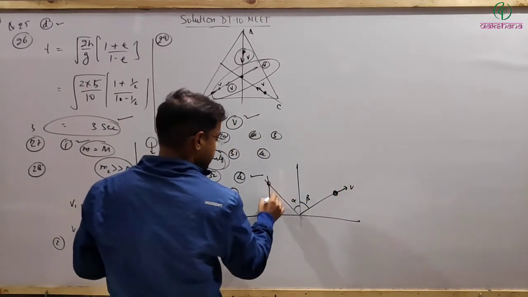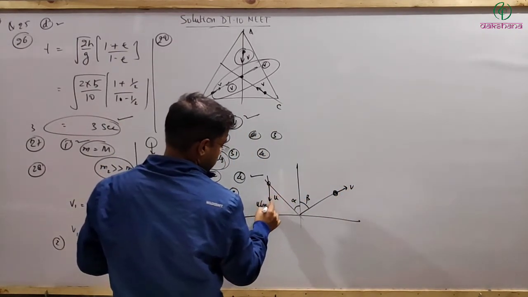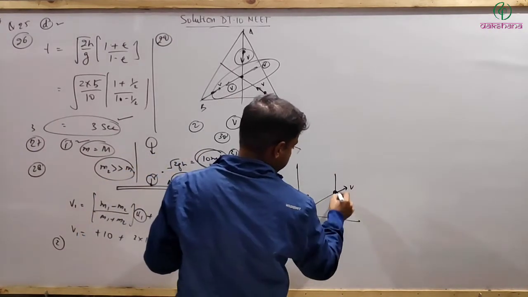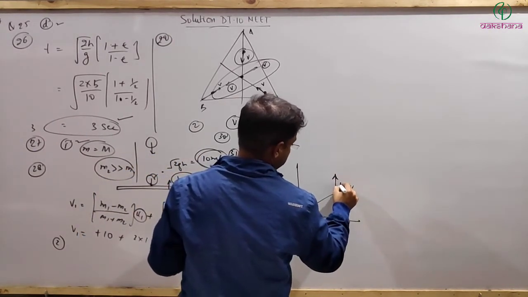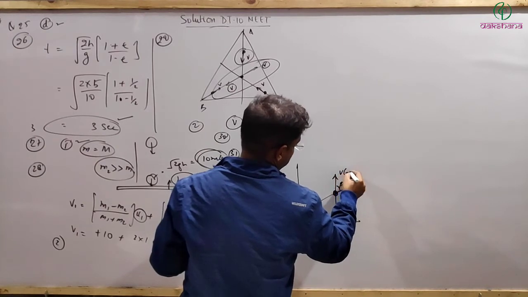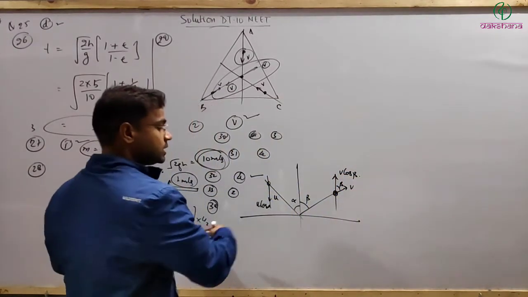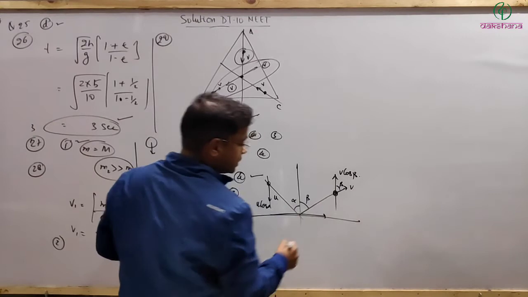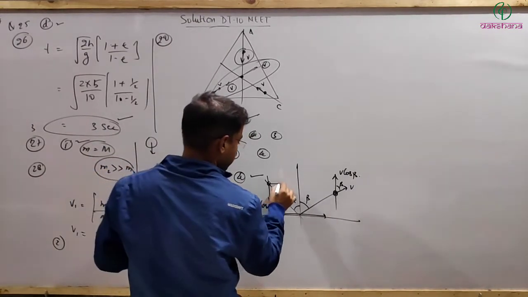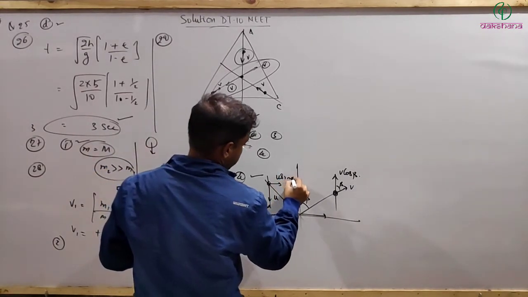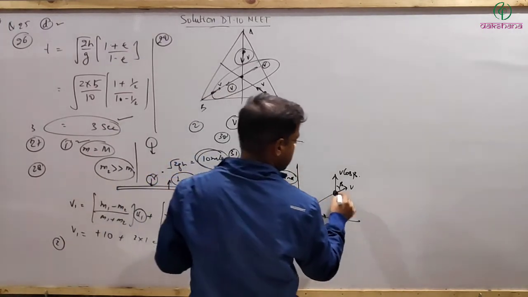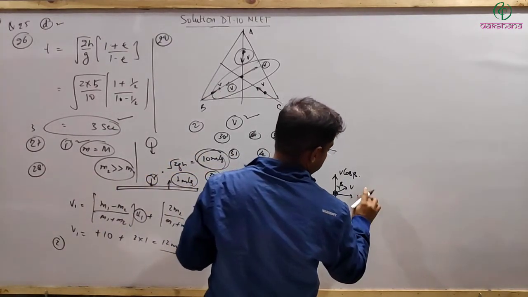Here the component is u cos alpha, and its velocity here will be v cos beta. Second, along the tangent direction, this component u sin alpha must be equal to v sin beta.